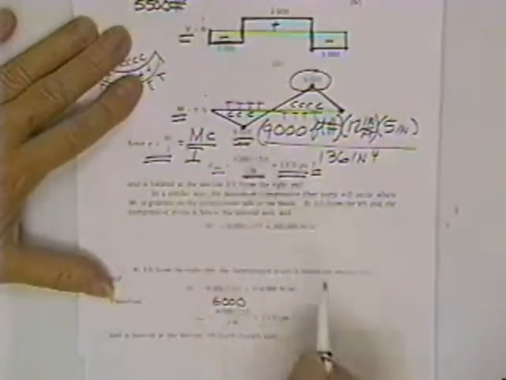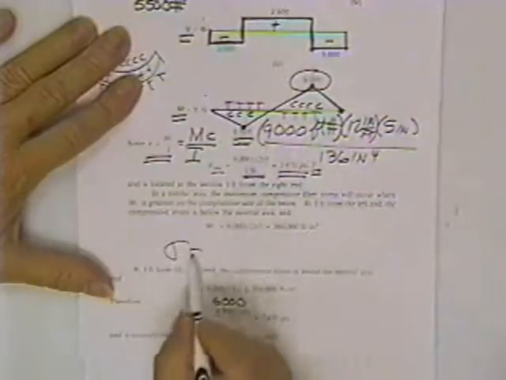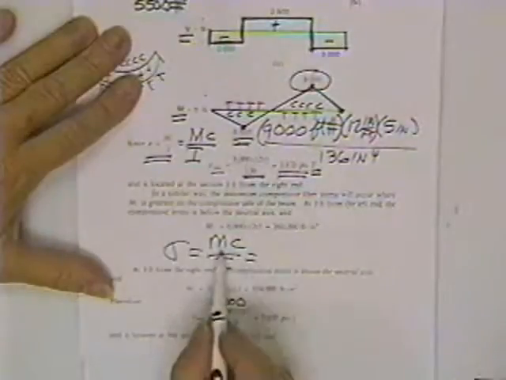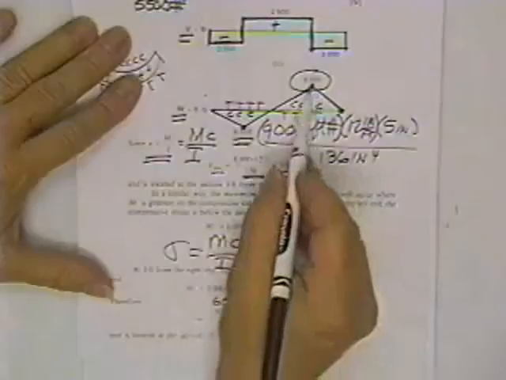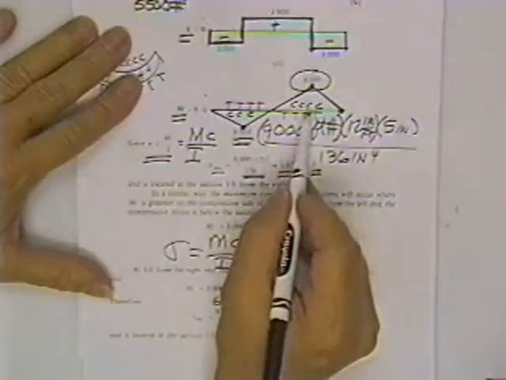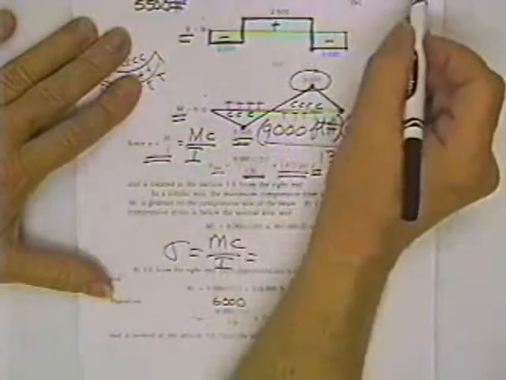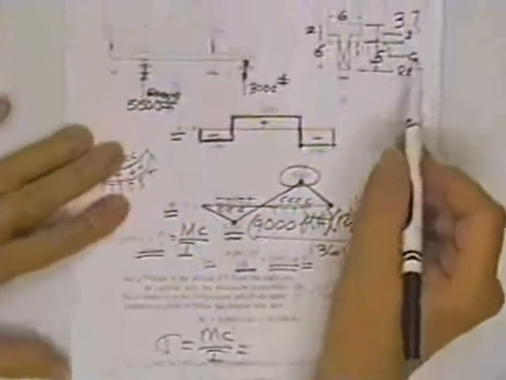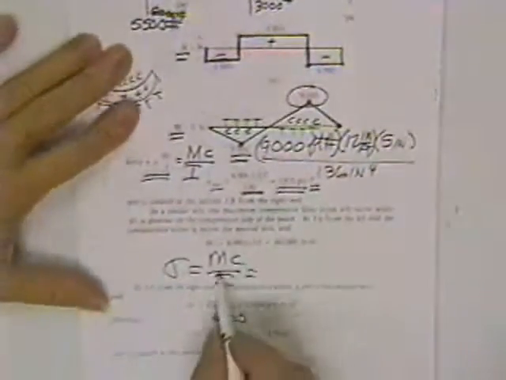That's interesting. He must be looking at this point for compressive stress. See, the interesting thing is sigma is equal to MC over I has two sets of numbers in it. If you go looking for the maximum compressive stress at the 9,000 spot, at this spot right here, you are forced to use the fibers to the top of the beam, and those fibers are only 3 inches up there. So let's just do that.